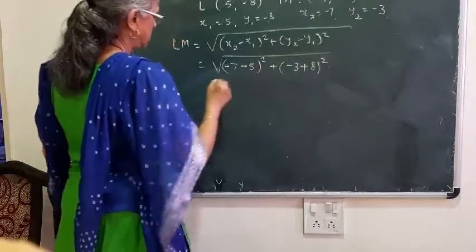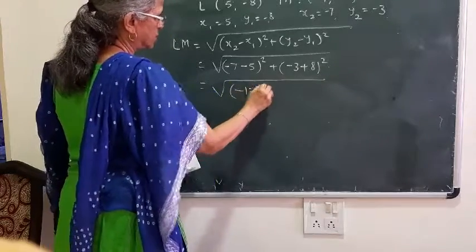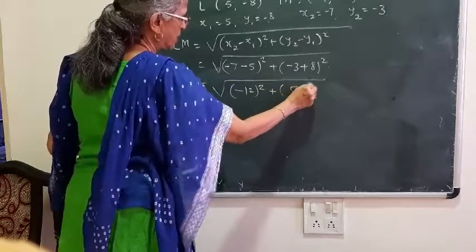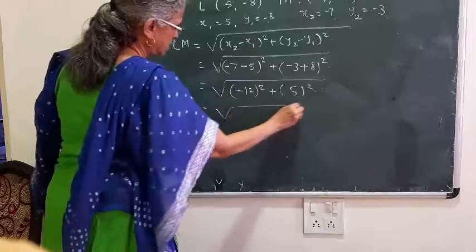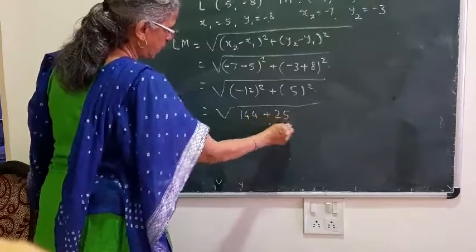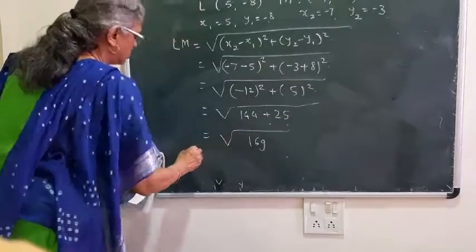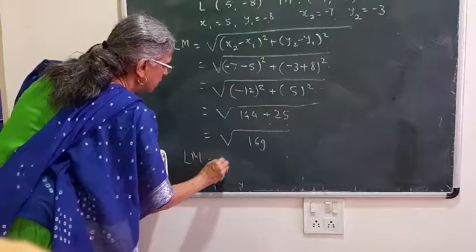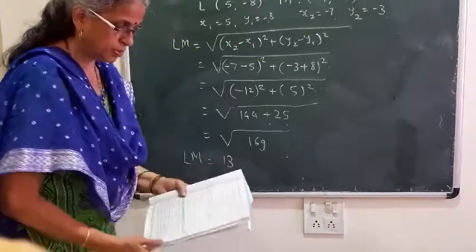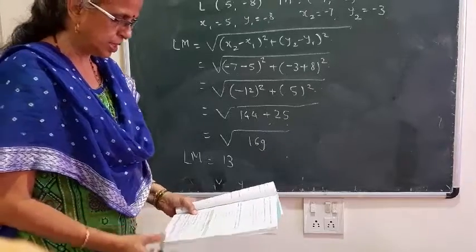Remember this. So this will be (minus 12) bracket square plus 5 bracket square. 12 square is 144 plus 25. So that will be root 169. So what will be LM? LM equal to 13. So that is sum number 4, which you can solve very easily.